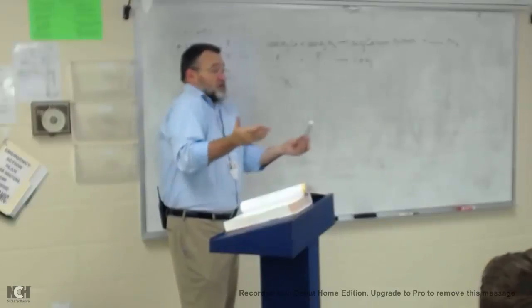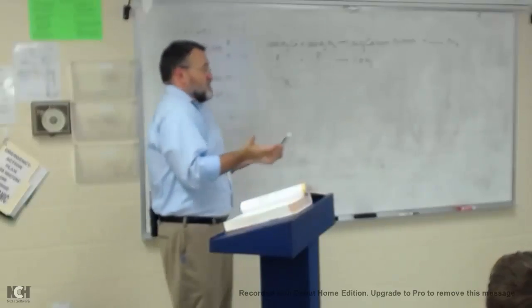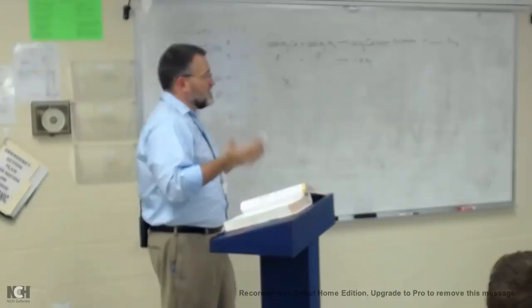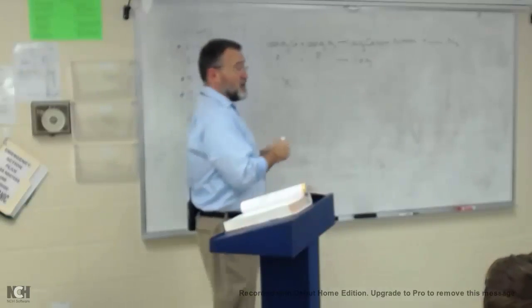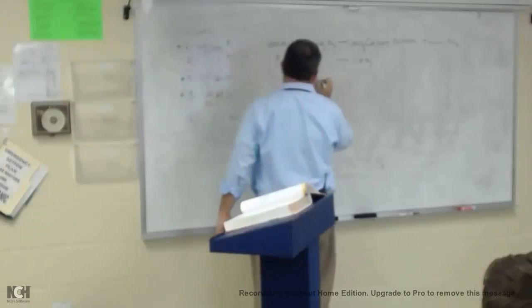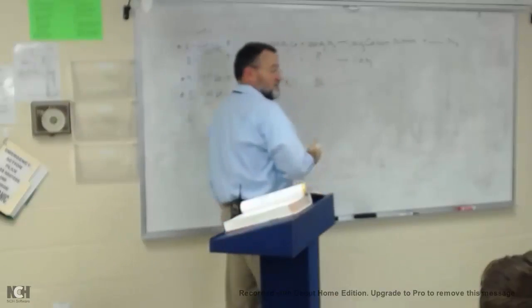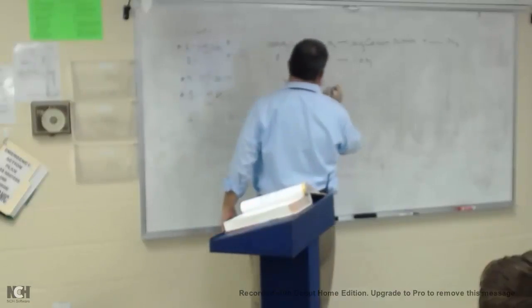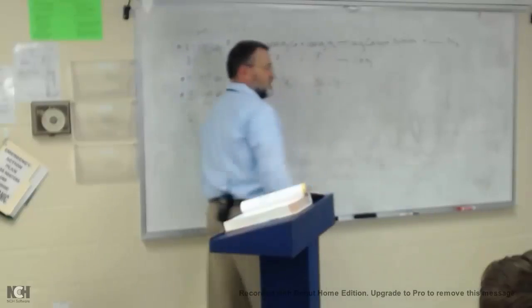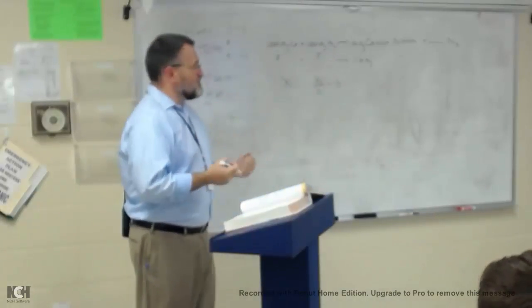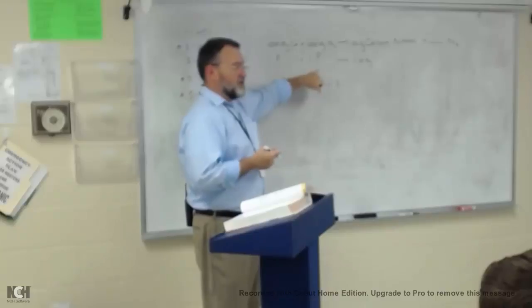I triple it, right? I triple the batches. I make 3 batches. If I can make a dozen, and I'm trying to make 36, I take the number I'm trying to make, 36, divided by the recipe I have to make, 12, and the result of that is 3. What's that tell me? I need to make 3 batches of 12 in order to have 36.